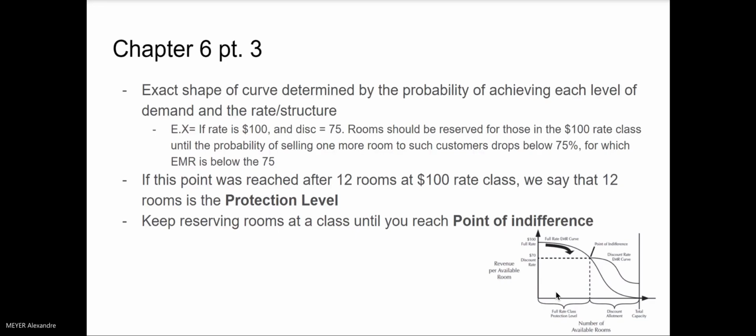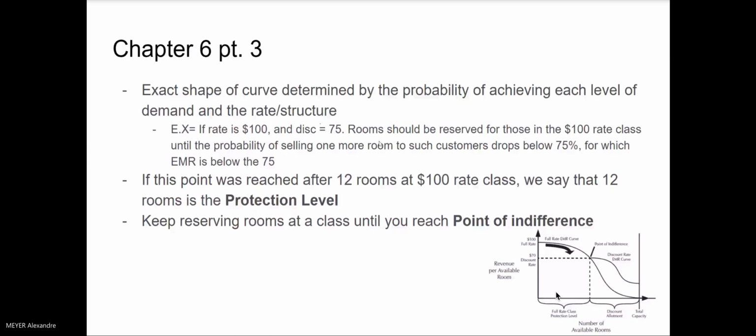If your probability of selling the room is 90%, for instance, you will have an expected marginal room revenue of $90. And so you will keep at the same rate until the probability of selling the room times the rate goes below the discounted rate.